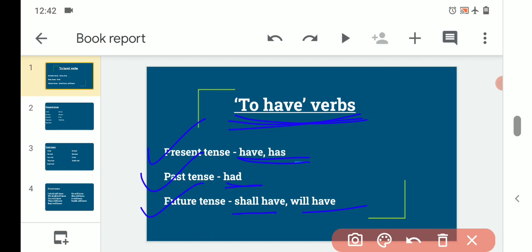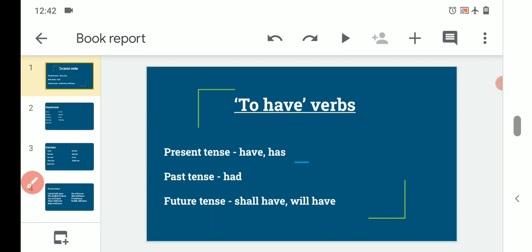Now let us see how these are used according to different subjects. Remember, whatever rules are followed while using to do verbs, same rules are followed while using to have verbs.